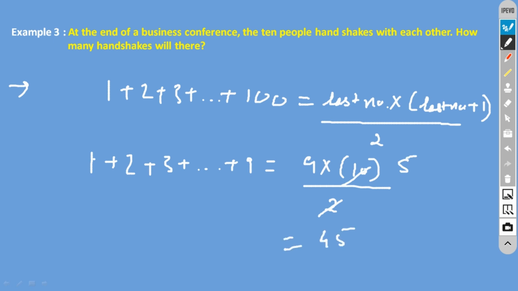Got it? And when you do the sum in the simple way, 1 plus 2 plus 3 plus till 9, you get the answer 45. You can use this trick also. Got it? I hope you have enjoyed this video. Let's meet in the next one.